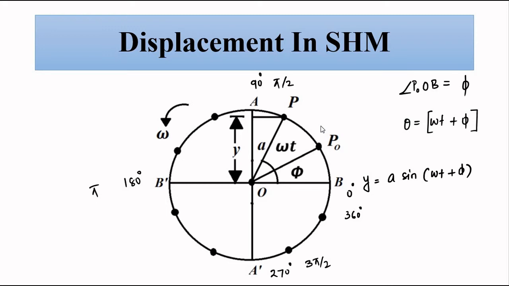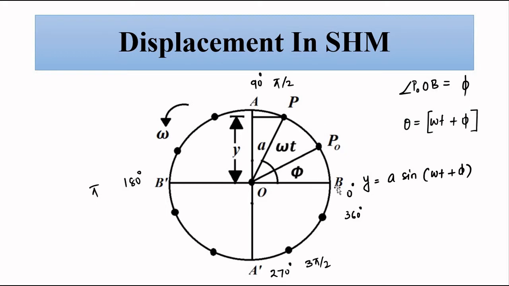So depending on the position of the particle, φ can be in between 0 and 90 degree, or 0 and π/2 when measured in radians, or in between 90 and 180 degree, or π/2 and π. If it is in between B dash and A dash, the value will be in between 180 or 270 degree, and π or 3π/2 in radians, and so on.